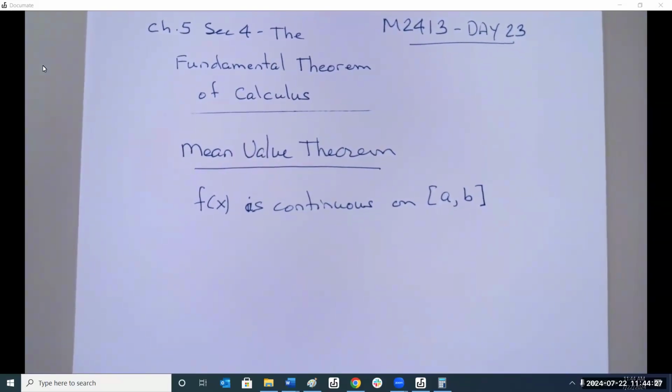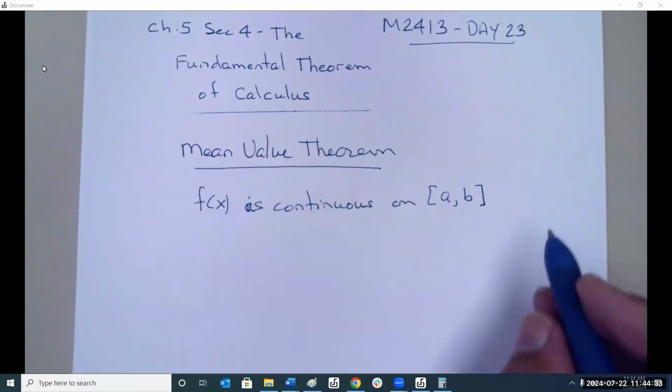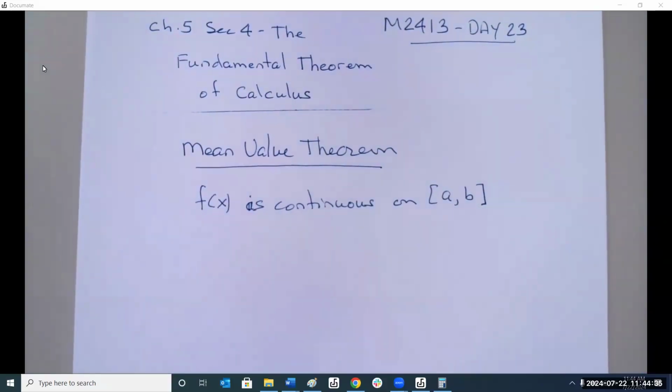Well, I'll let you guys look it up in your notes, figure it out. What we're going to do here is this. But first off, what are we trying to do in integral calculus? What are we trying to do?